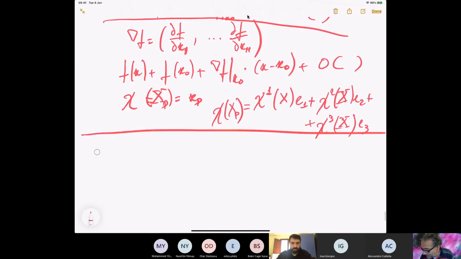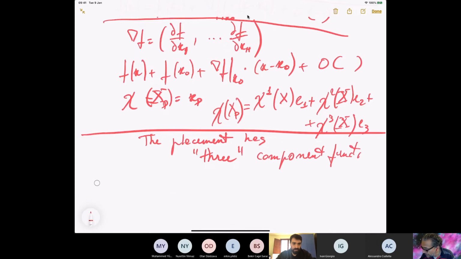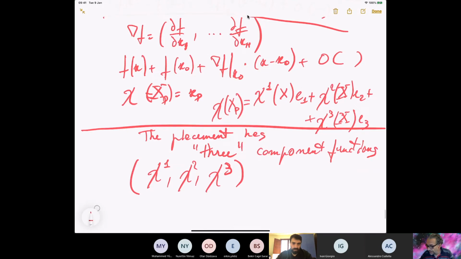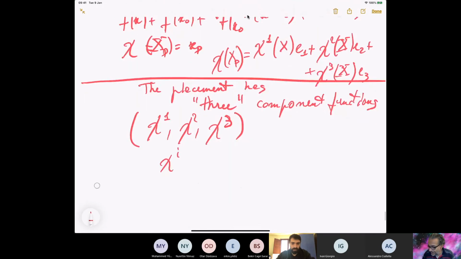So displacement has 3 component functions: psi 1, psi 2, psi 3. And I can call it psi i using small indices.